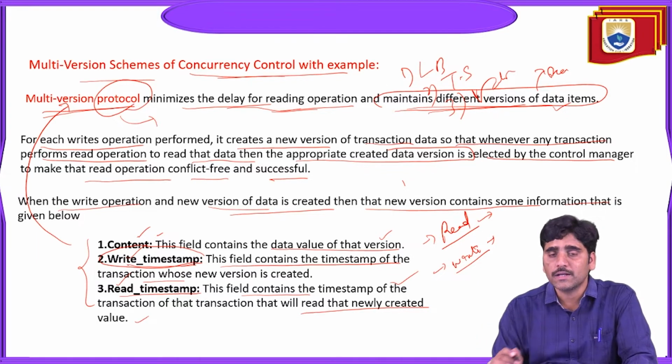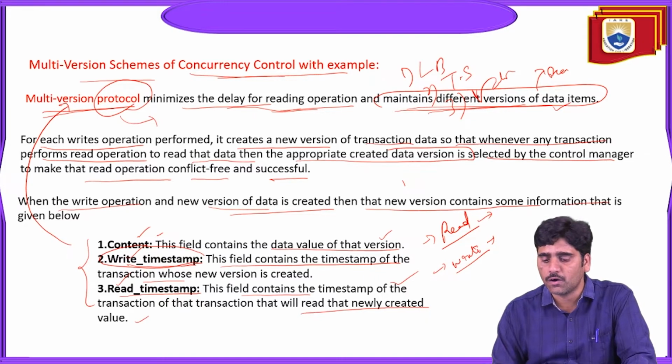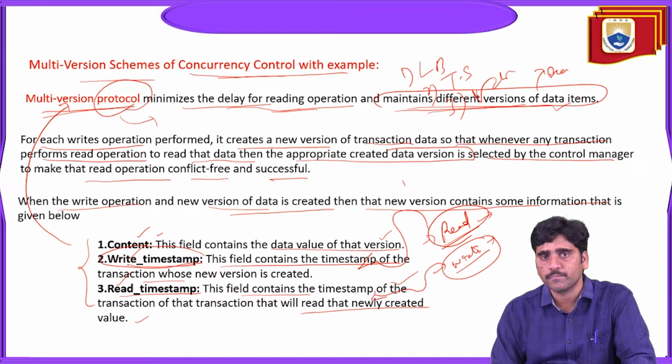So this multi-version protocol maintains all the readable transactions in the read timestamp and all the writable transactions in the write timestamp, so that no transaction has to wait for a long time to execute.